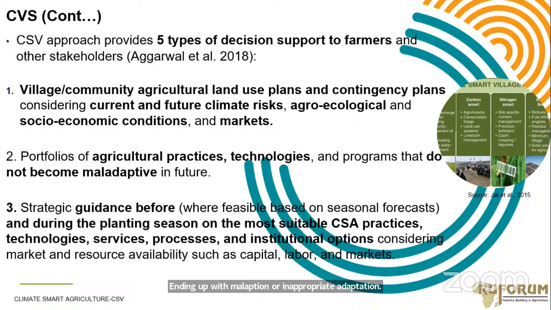So it also provides strategic guidance before and during planting season on most suitable climate smart agriculture practices, technologies, services, processes, and institutional options. And this is in view of the prevailing market situations and also with respect to resource availability.